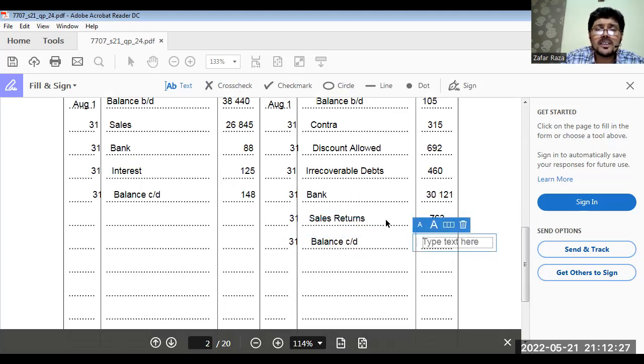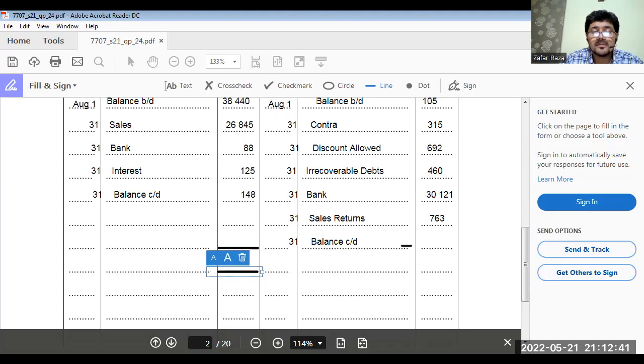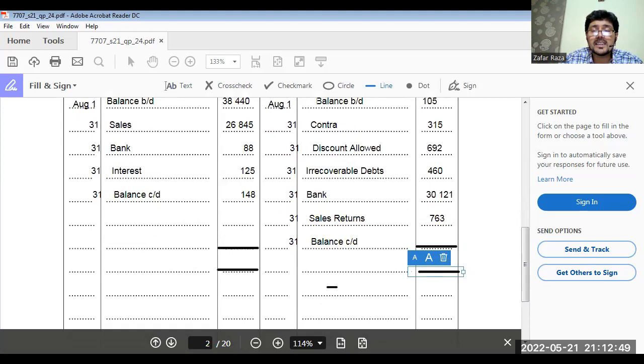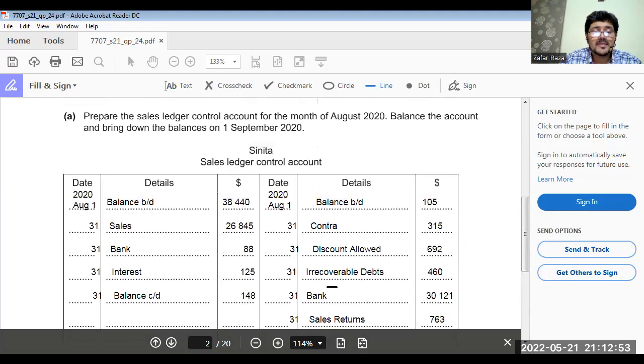So how are we going to compute it? We'll get the totals of the debit and we will start deducting all the credit items and we get the balance. So what are the items on the debit side?